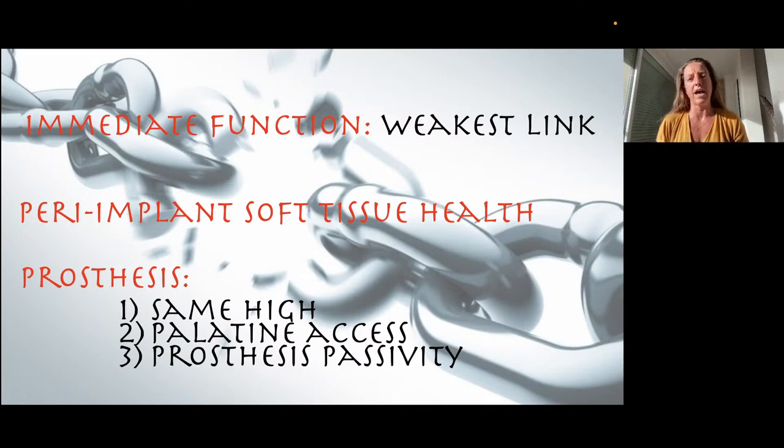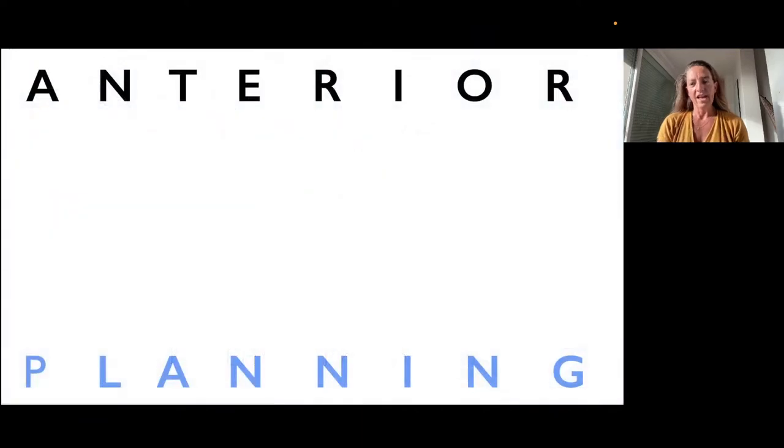They also help sometimes if we have to tilt the implant a little bit to the buccal side because of the bone that we have. These multi-units will compensate in terms of giving us the palatine access of the bridge, and also, of course, the passivity of the prosthesis. So this will help a lot in the passivity of the prosthesis.